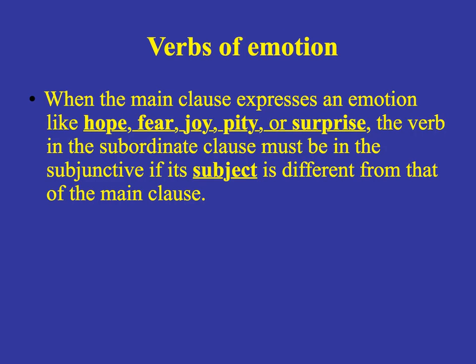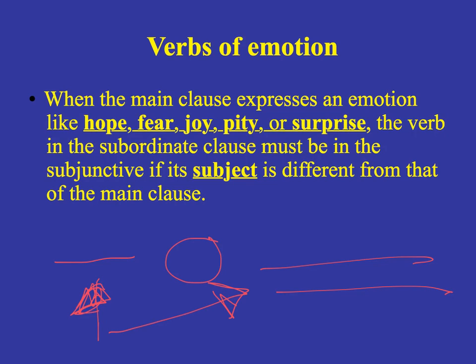Verbs of emotion, okay, remember you're going to have the main clause, the connector, and the subordinate clause. When the main clause expresses an emotion of hope, fear, joy, pity, or surprise, then the verb in the subordinate clause is going to be in the subjunctive. And so I'm going to give you a list of those verbs as well.